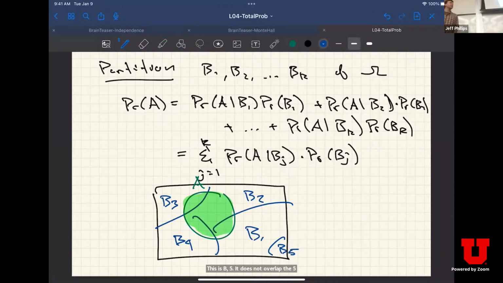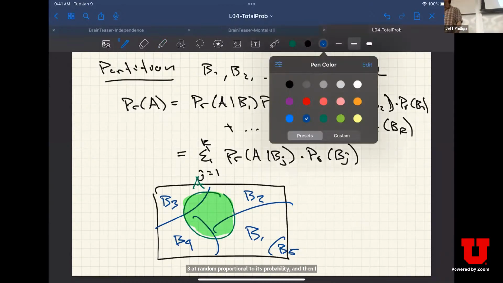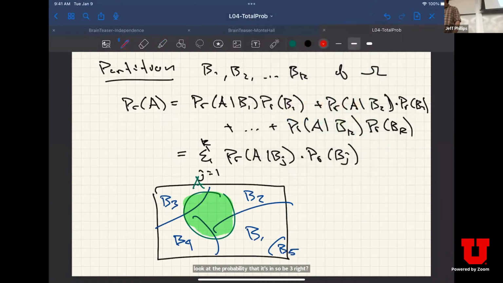So to get the total probability of A, I can think of there being some underlying process where I first pick one of the pieces, like B3, at random, proportional to its probability, and then I look at the probability of A restricted to B3.